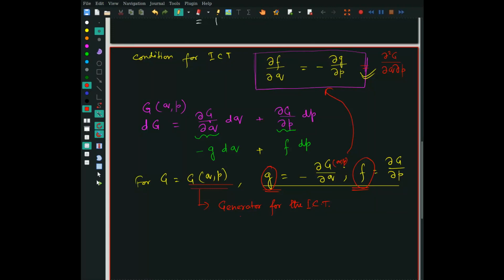Okay. So in the context of continuous groups, perhaps you have. Yes, sir. Lie group. Yes, sir. You have studied this.